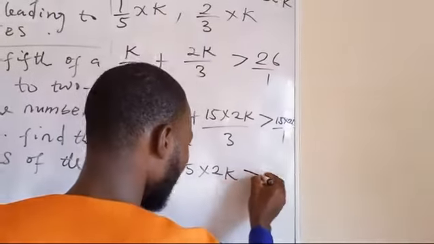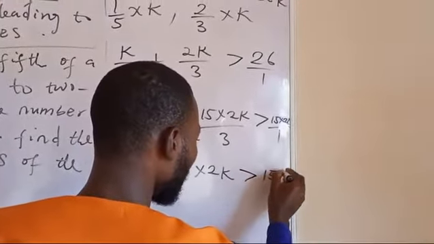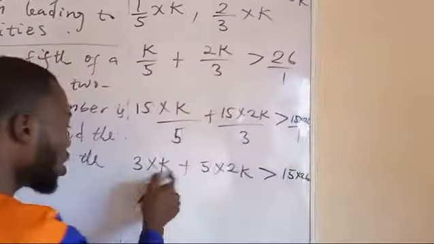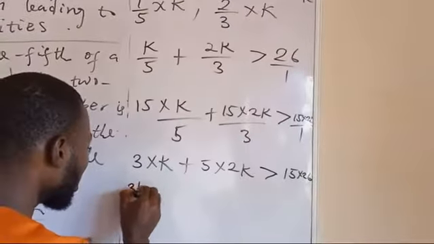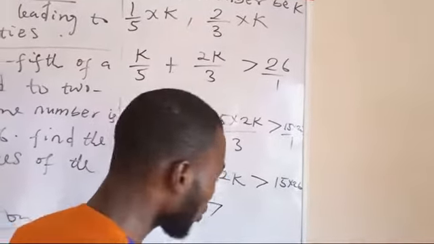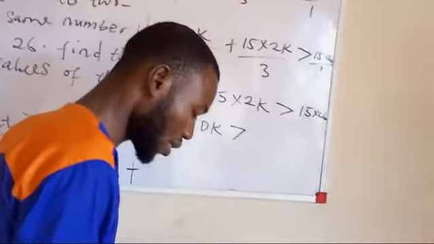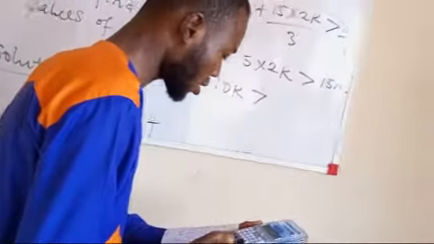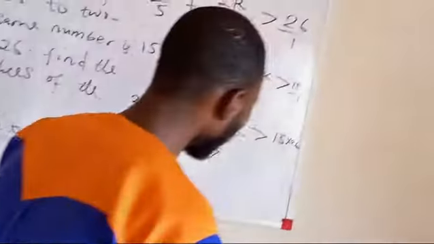So we now have it is greater than 15 times 26. So at this point, 3 times k will give us 3k plus 5 times 2k will give us 10k is greater than 15 times this. We are going to have 15 times 26 will give us 390.